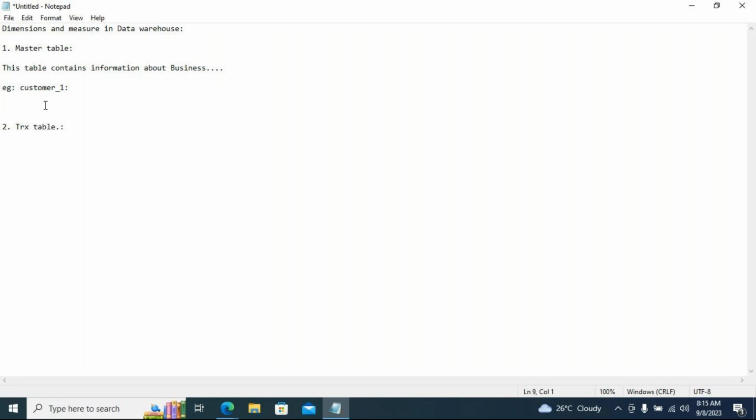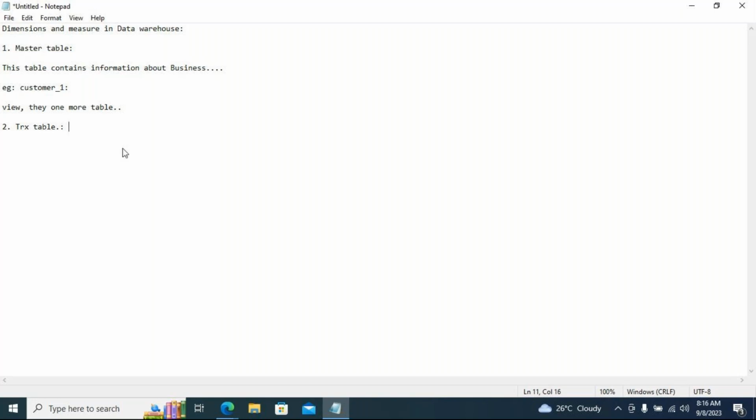So there might be a chance of accessing customer information. That's the reason they will create some view based on the requirement. Otherwise, due to multiple requirements, they will create one more table.